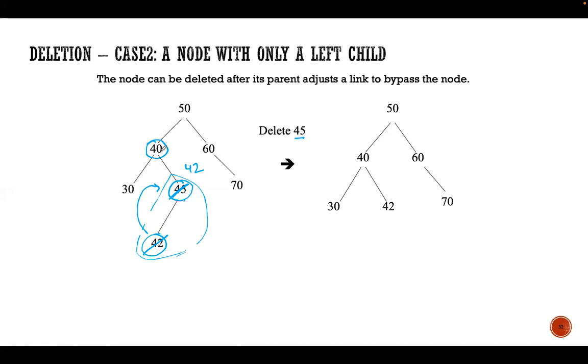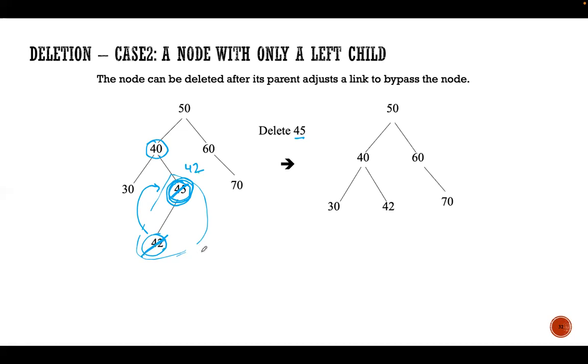Okay. And 45 has a parent 40. Now, if the node is a right child, that means the value is greater than its parent. Okay. So what we are going to do, we are going to actually copy this value with its child values. All right. So with 42, and then we are going to delete the child value 42.